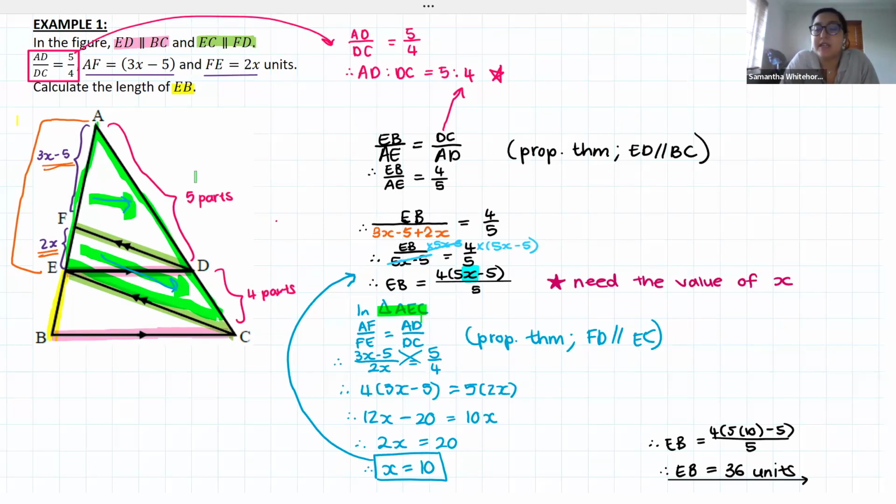It really makes no difference. But I like to set up my ratio so that I know exactly what I know and exactly what I still need to find out. And then I can go back to my diagram and say, okay, I know I need to work out x or work out the length of DC or whatever the case is. And it just gives me more focus in terms of what my next step needs to be if I know what information I'm missing.